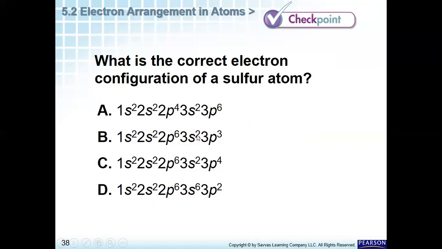And 3s2 and 3p3, that's 15 electrons. And 1s2 2s2 2p6, 3s2 and 3p4. That's the perfect configuration, so number C will be the answer for it.